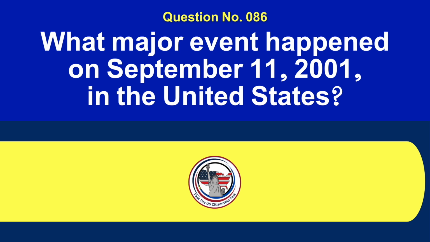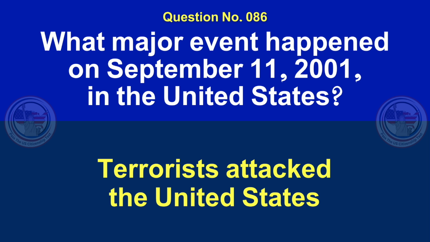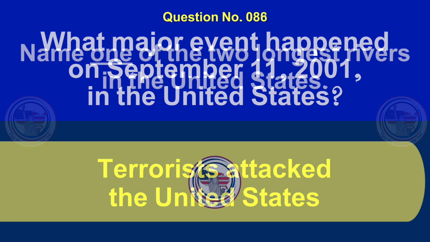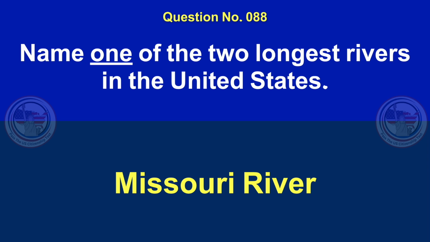What major event happened on September 11, 2001 in the United States? Terrorists attacked the United States. Name one of the two longest rivers in the United States. Missouri River.